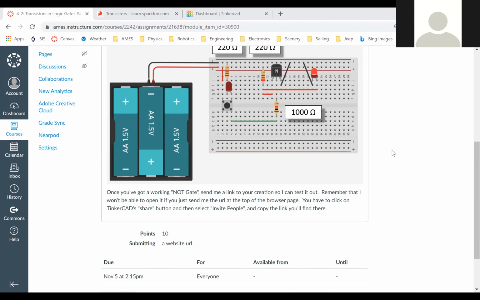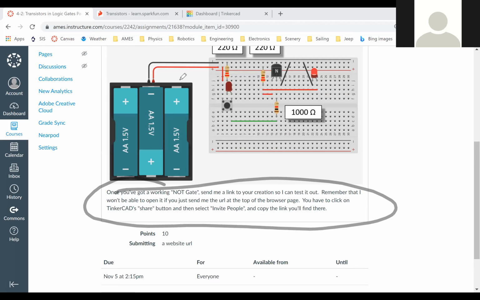Once you get it working, I need you to share your circuit with me. And remember, if you just copy and paste the URL and send that to me, it will not work, because Tinkercad will not give me the permission that I need to get access to your file. The only way that it will work is, hang on a sec while I clear this out here.